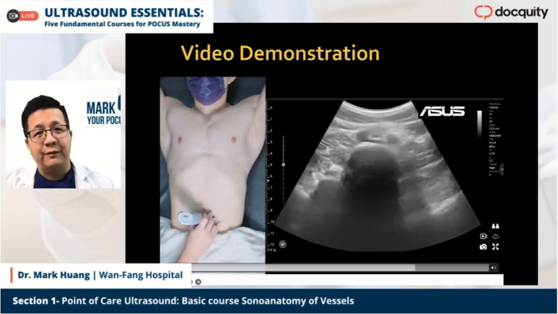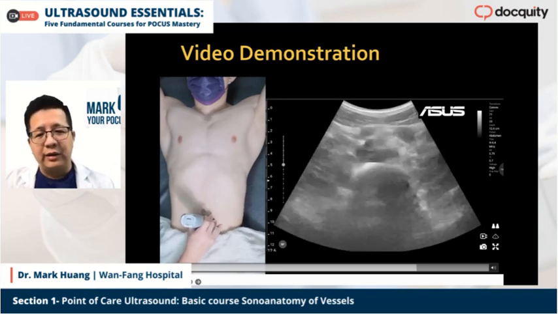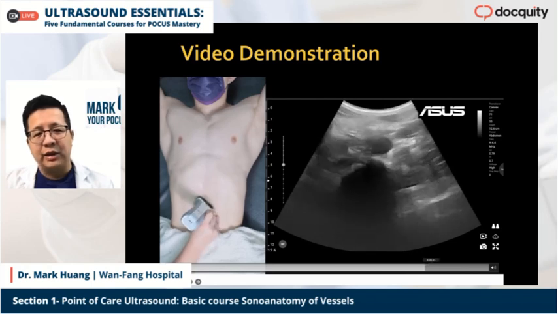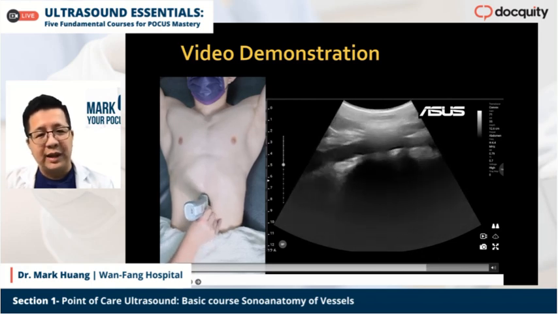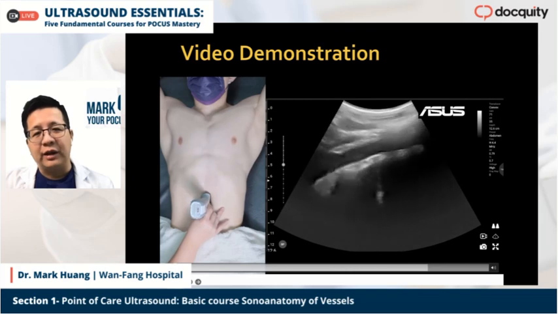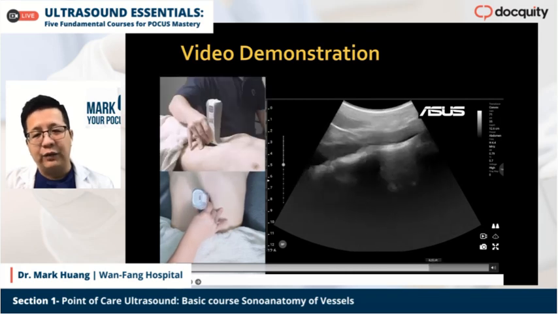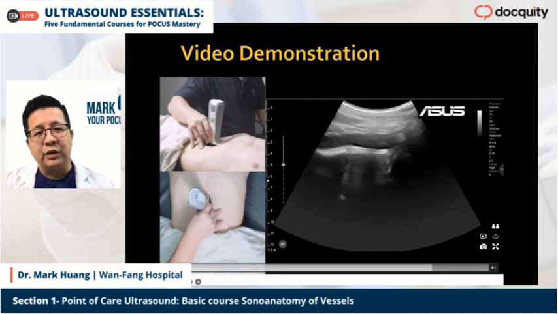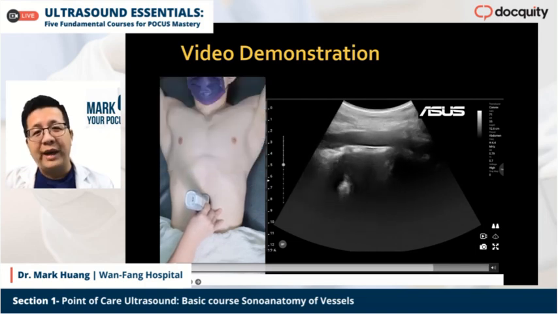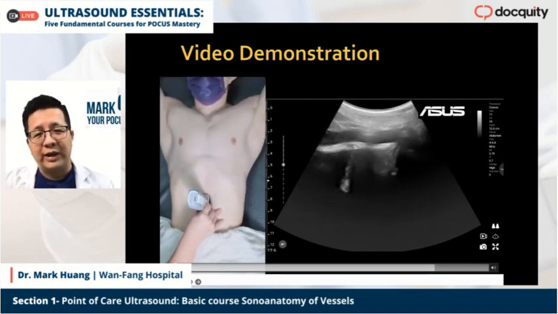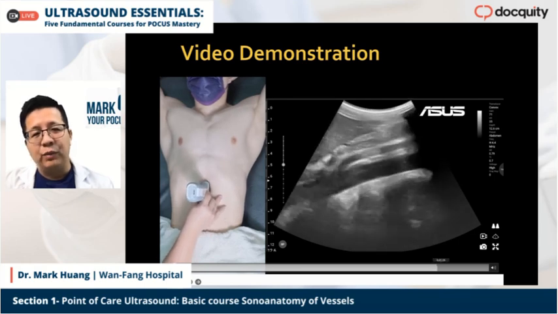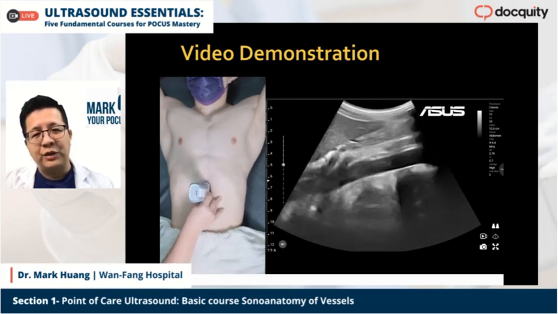It's safer. Let's turn back and rotate our probe this way, and you can see the aorta very clearly. If you move your probe over here and use a rocking motion, you will make your vessels clearer. So you can move up to the epigastric area.